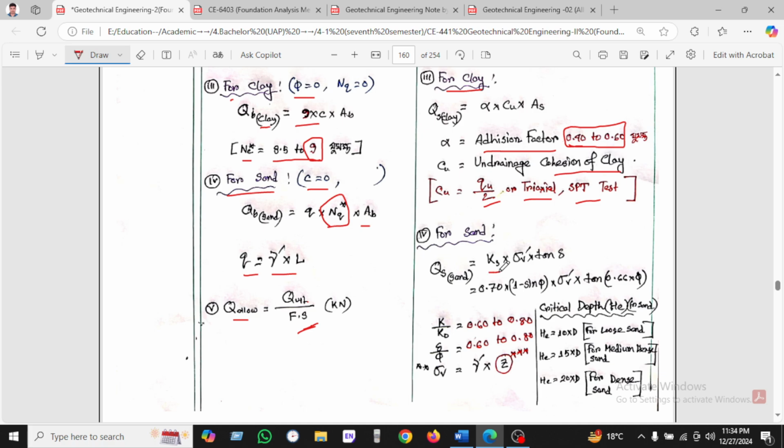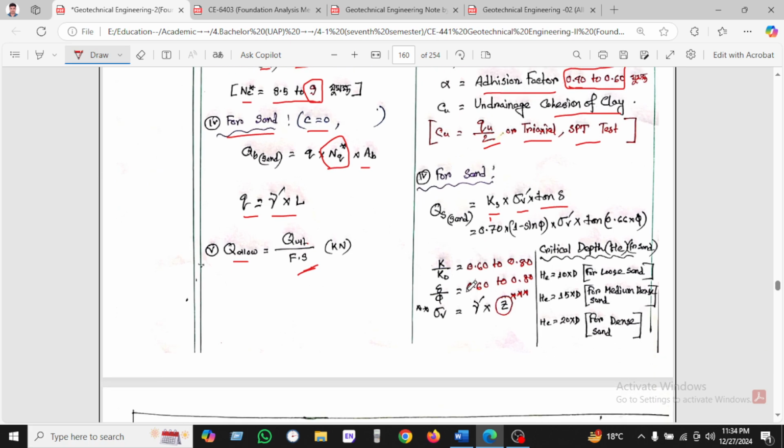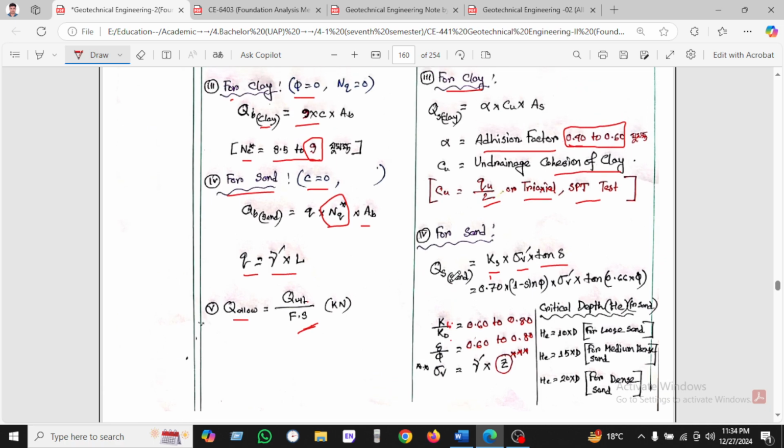So for sand it will be Ks sigma vertical into tan phi. We get the value of Ks, where Ks equals K naught, as we know, 0.60 to 0.70. So that's why you will use this formula.